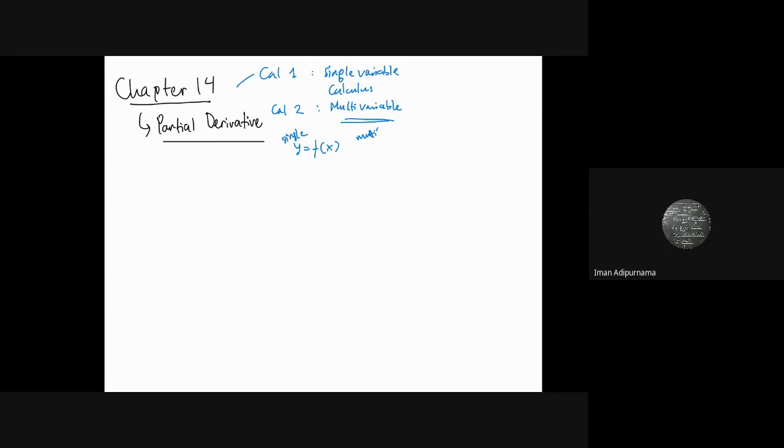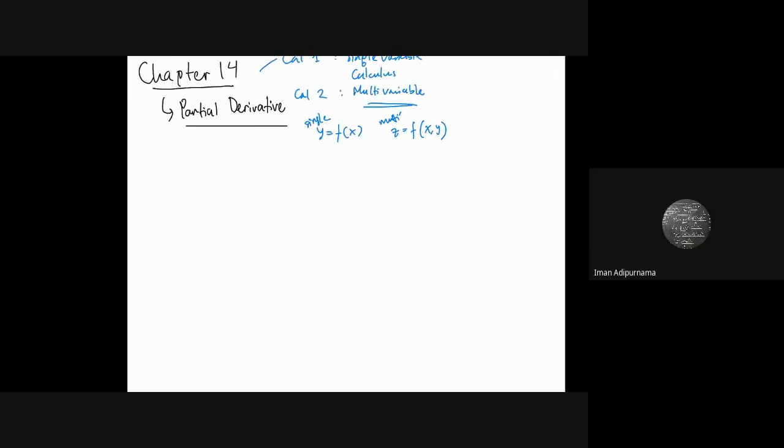So we have z, usually we write z equals f(x, y). So we have at least more than one variable. Okay, so first, as an introduction, let me explain functions of two variables.